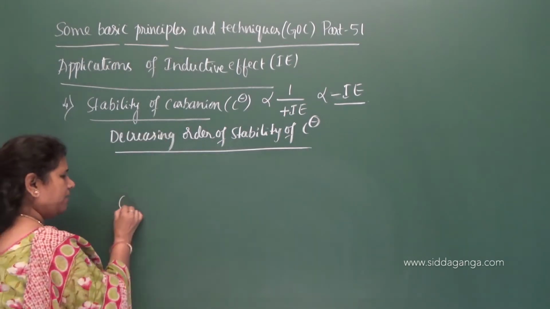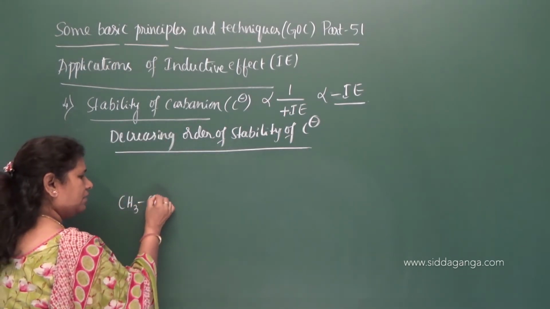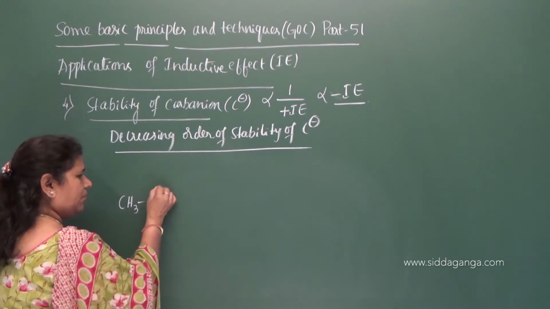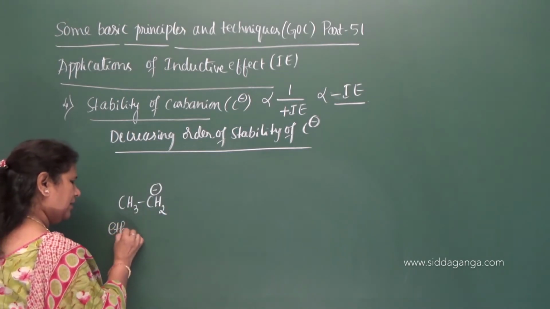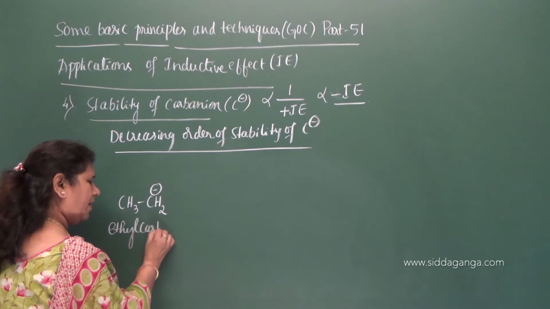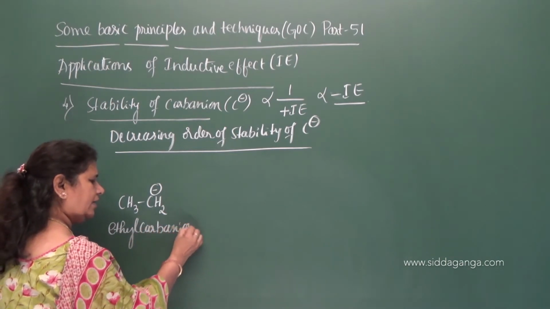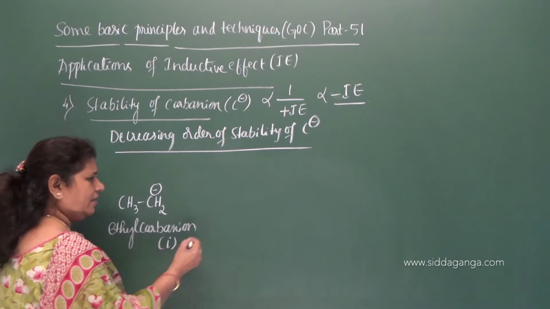Let me give primary carbanion here, CH3CH2 minus. This is the ethyl carbanion, correct? Ethyl carbanion is primary.